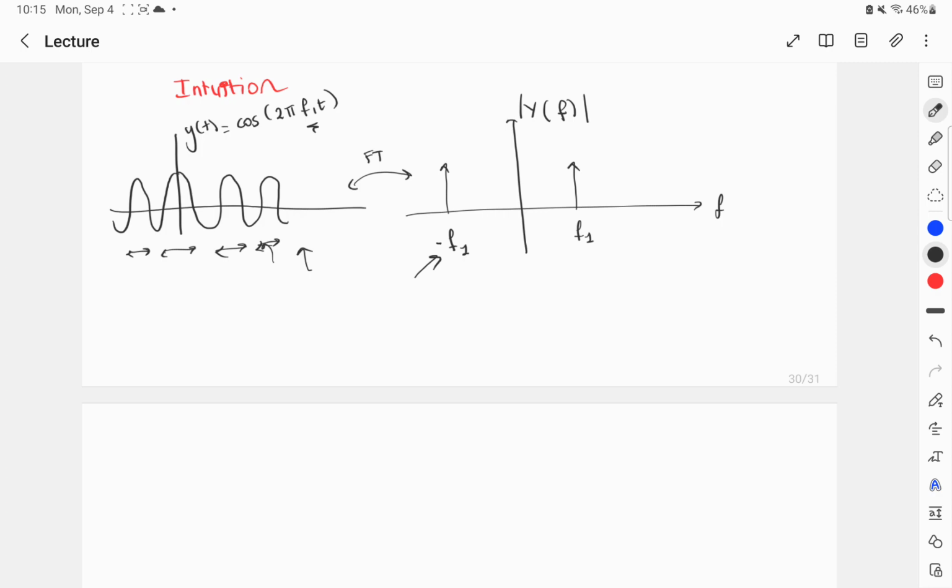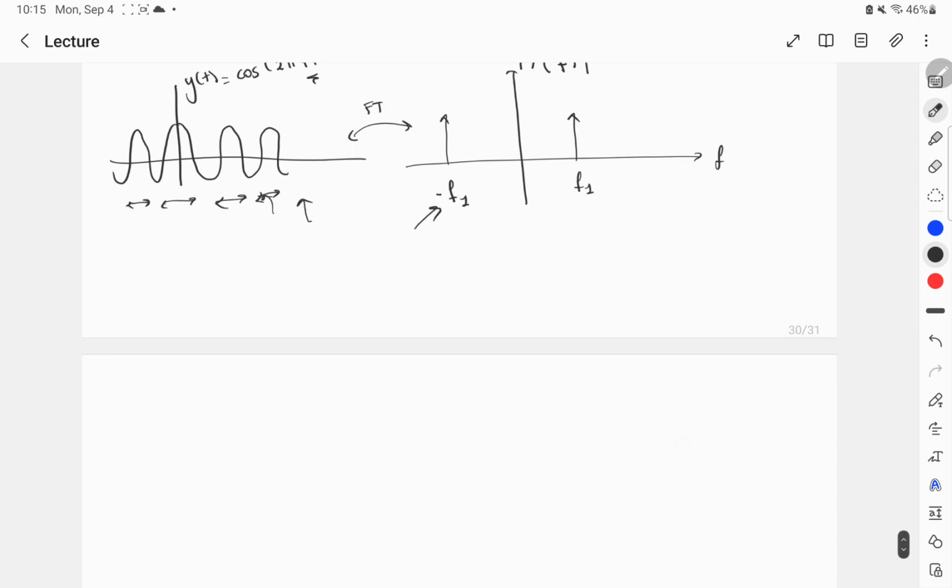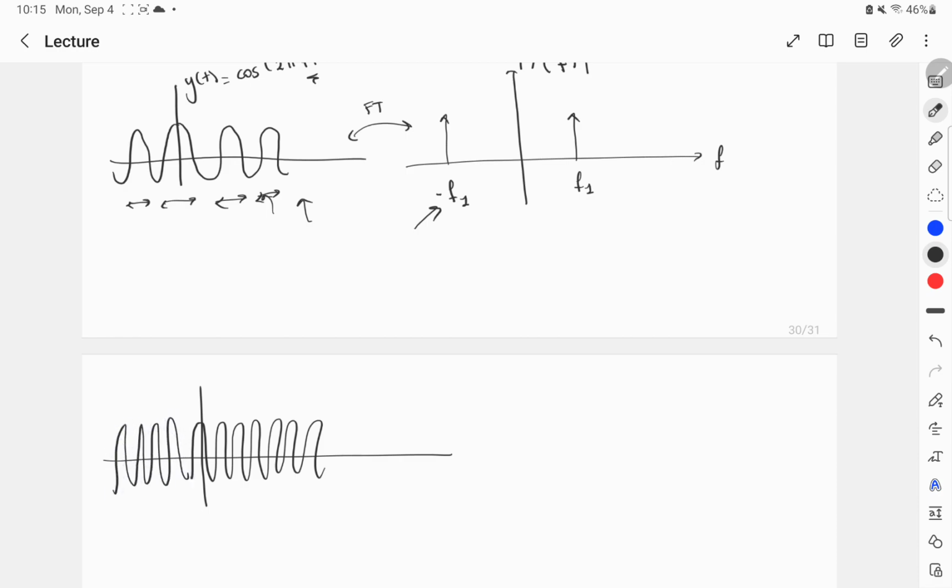Now, let me show you another example. For instance, if we increased the frequency, and we have such a graph right now, what happens? We have another function, let's say, which is called z, and then we have the cosine 2 pi f2 t, right? Because it has a new frequency. That's why I called it f2.